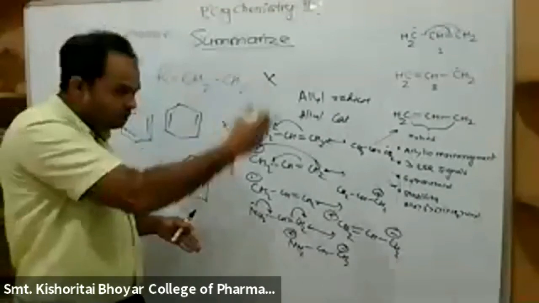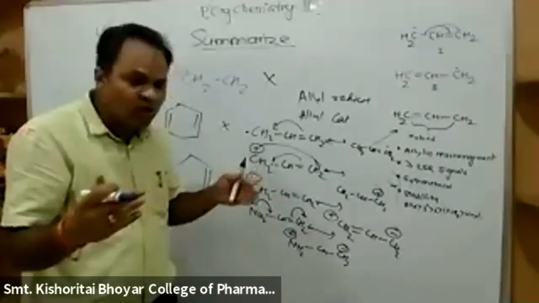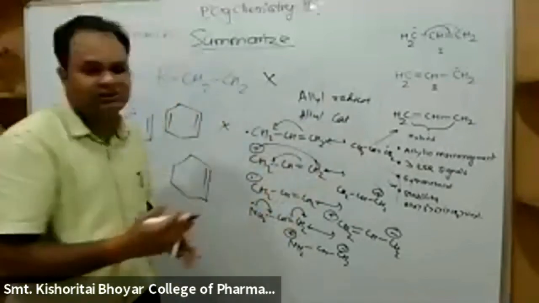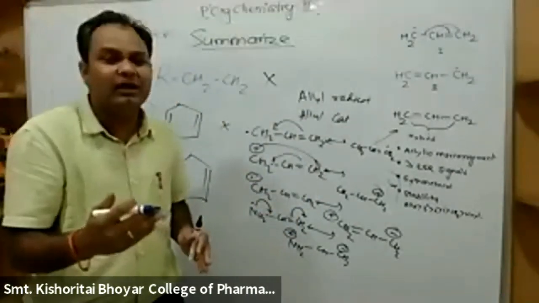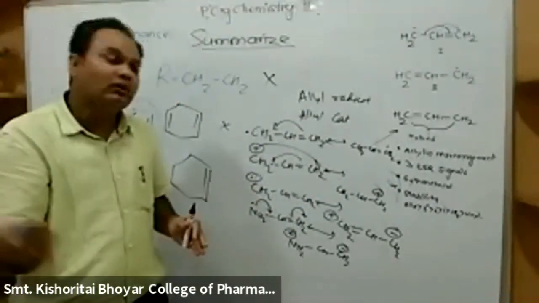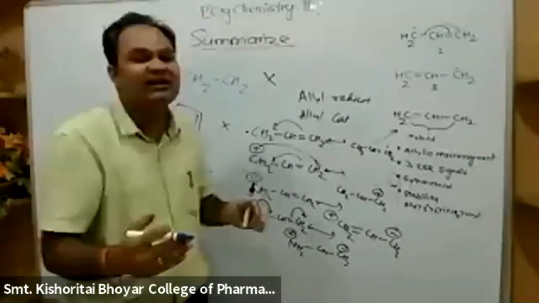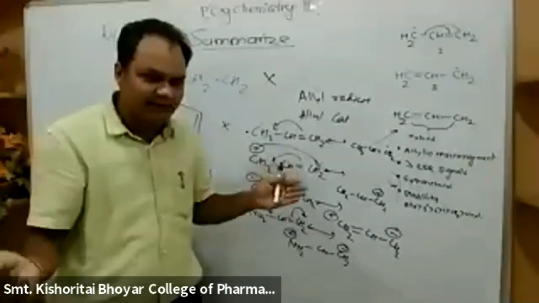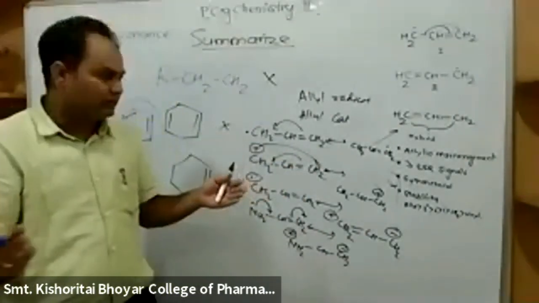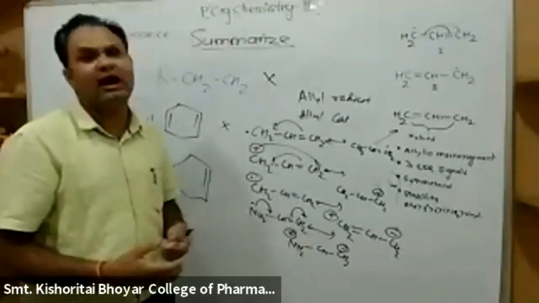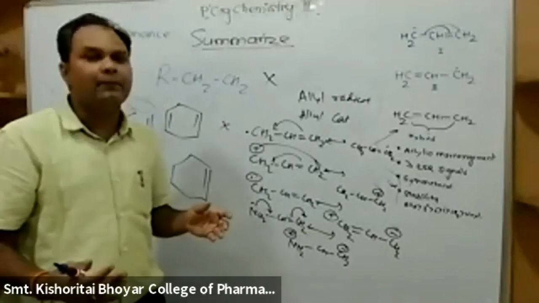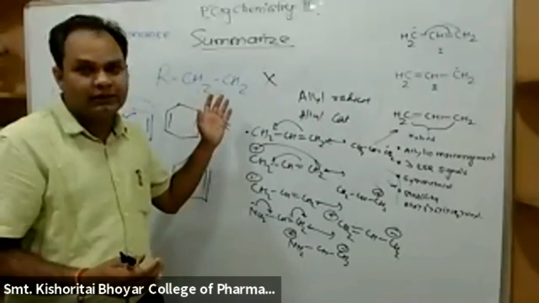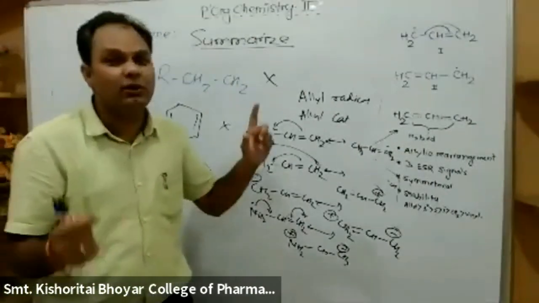So on the basis of this, you should know what resonance is, and this whole concept of resonance you have to apply to aromatic compounds, and on that basis you have to prove the stability of aromatic compounds like benzene and its derivatives. Okay, so in the next lecture, I will discuss the aromatic compound benzene, and I will start with the topic related to the structure of benzene.